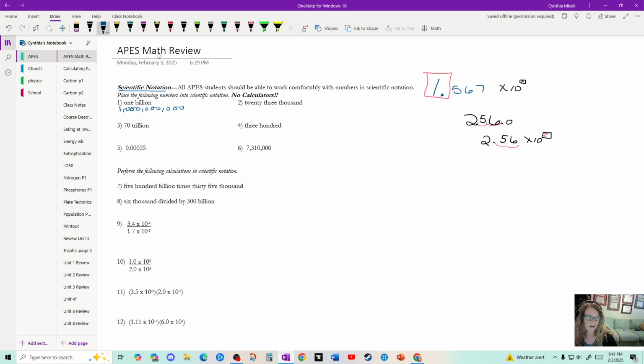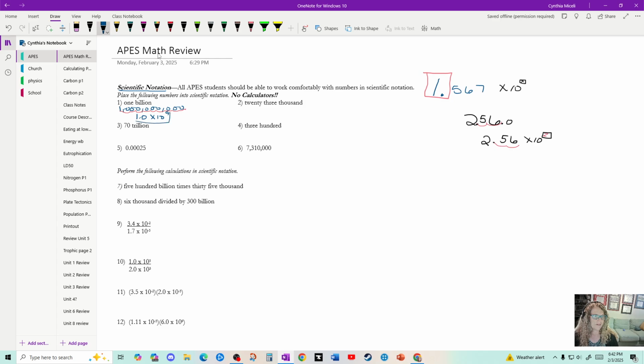Instead of writing it that way, we would do 1.0, understood, times 10 to the however many times we had to move this understood decimal over here. So we went 1, 2, 3, 4, 5, 6, 7, 8, 9. So this would be 1 times 10 to the 9.